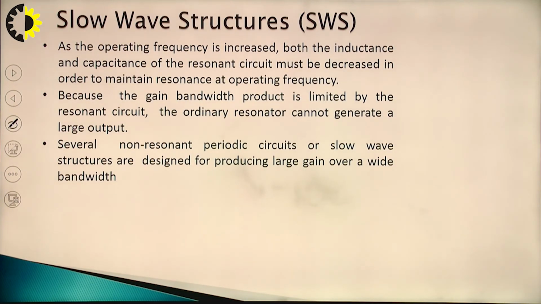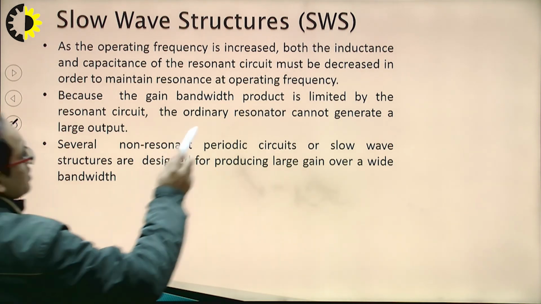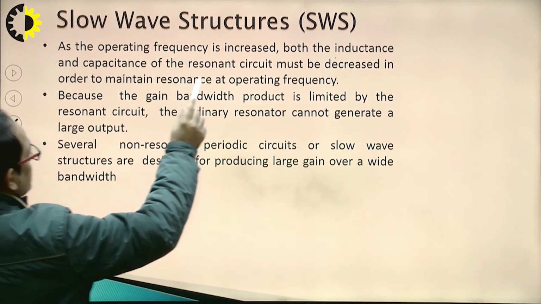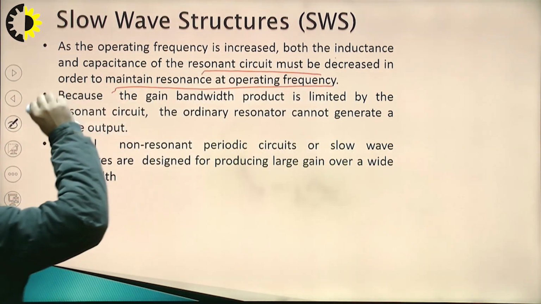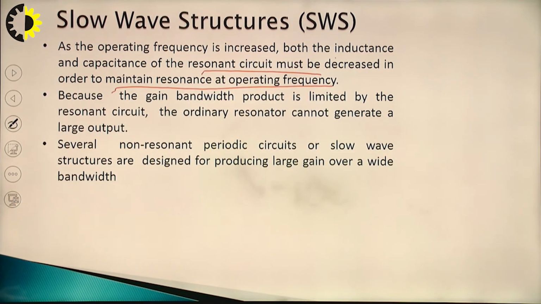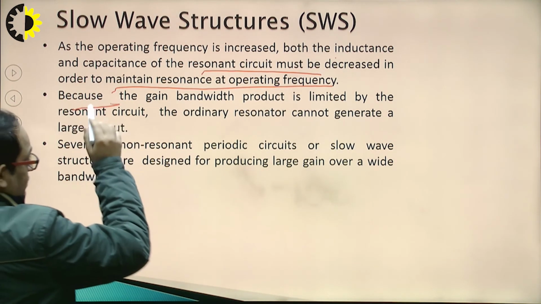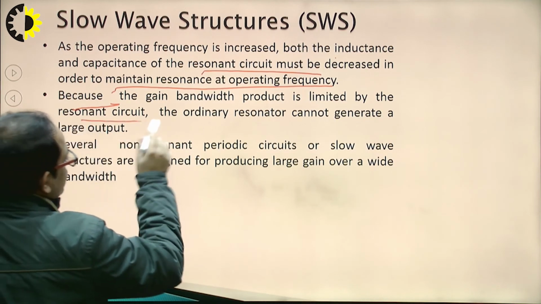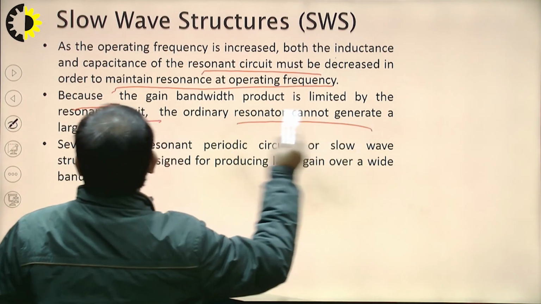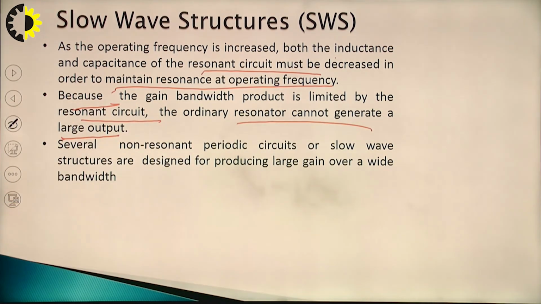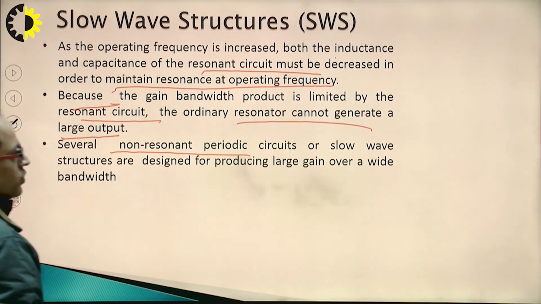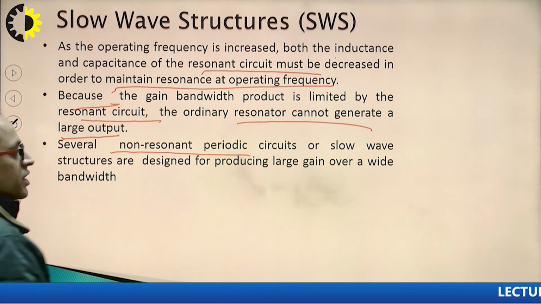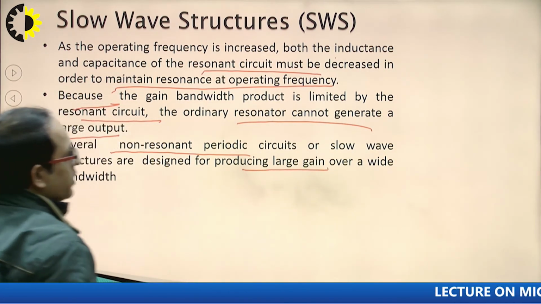As the operating frequency increases, both inductance and capacitance of the resonant circuit must be decreased in order to maintain resonance at the operating frequency. Also the gain bandwidth product of the slow wave structure is limited by the resonant structure, therefore it cannot generate a larger output. However, non-resonant periodic structures can be used for producing a larger gain over a large bandwidth.